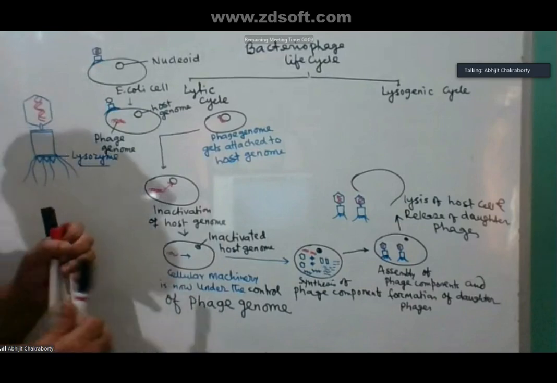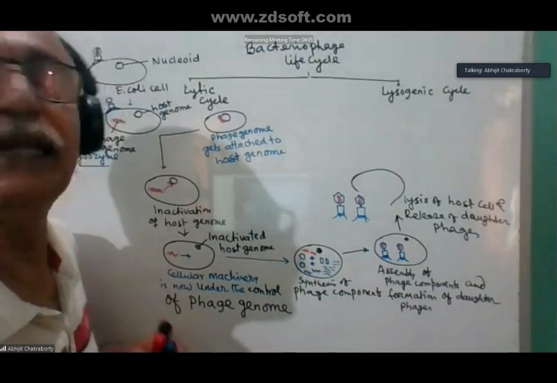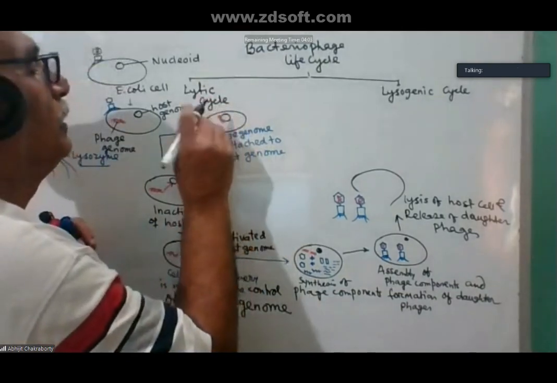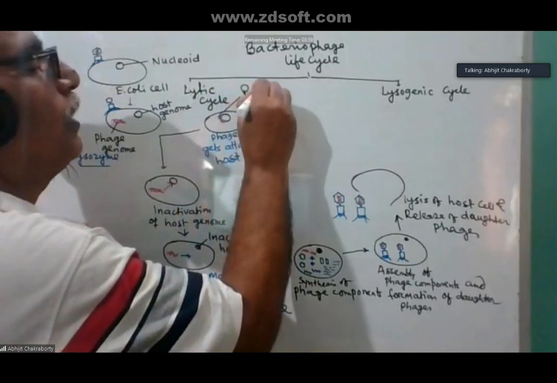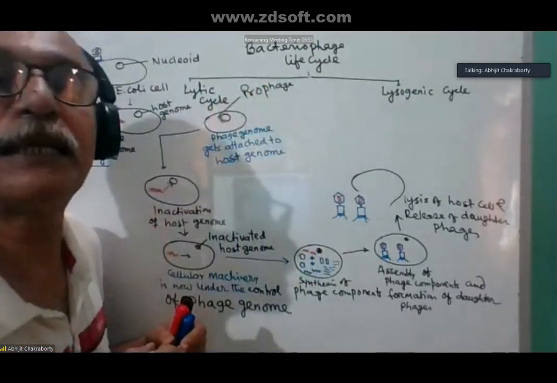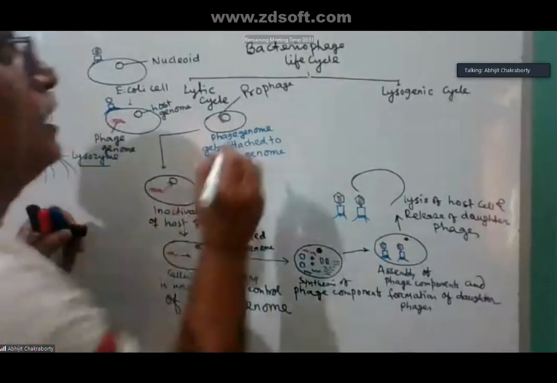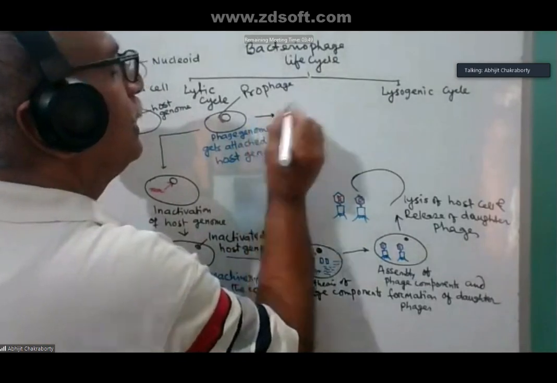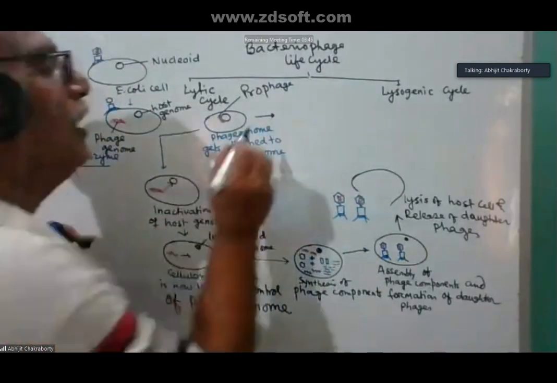At this point, whenever the phage genome gets attached to the host genome, this phage genome is then called prophage. Whenever the phage genome is present in the prophage stage, it is not going to do any harm to the host cell. Then it starts dividing along with the host cell.